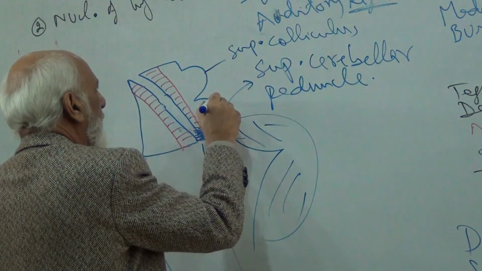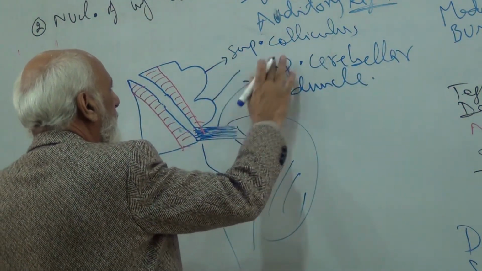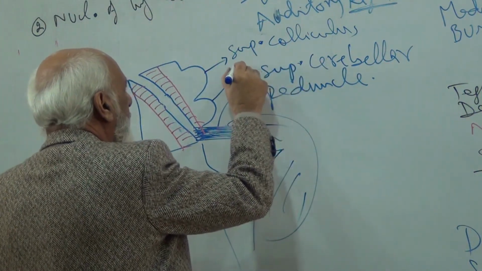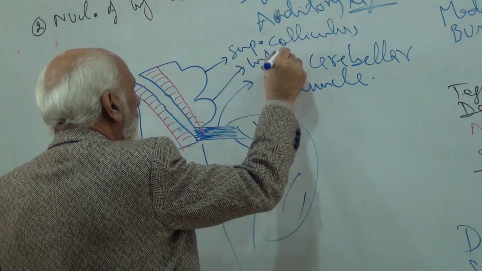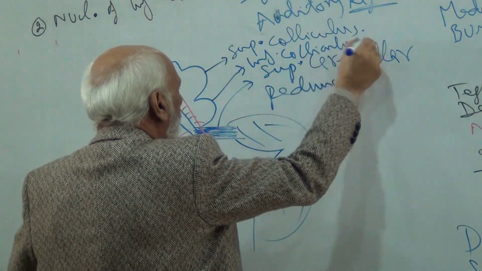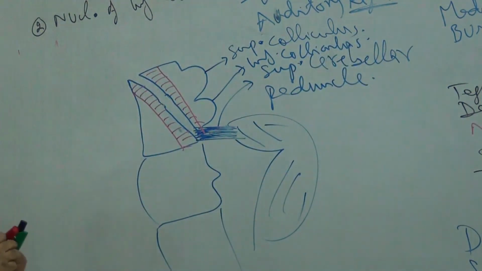And this is the level of inferior colliculus. Now in the central gray matter, anterolateral to the cerebral aqueduct, at the level of superior colliculus is the oculomotor nerve nucleus.